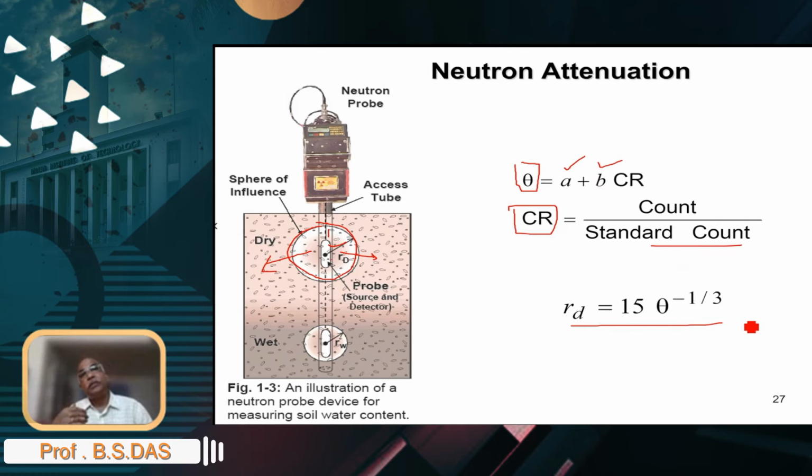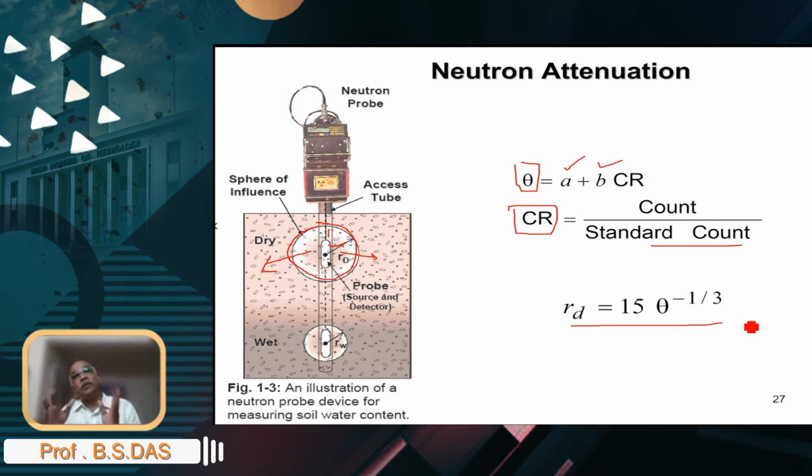The second part of it is that because there is a volume of measurement involved, generally you couldn't really activate the radioactive source near the surface of the soil. These are fast neutrons, very high energy, and so you don't want to stay close to the machine.